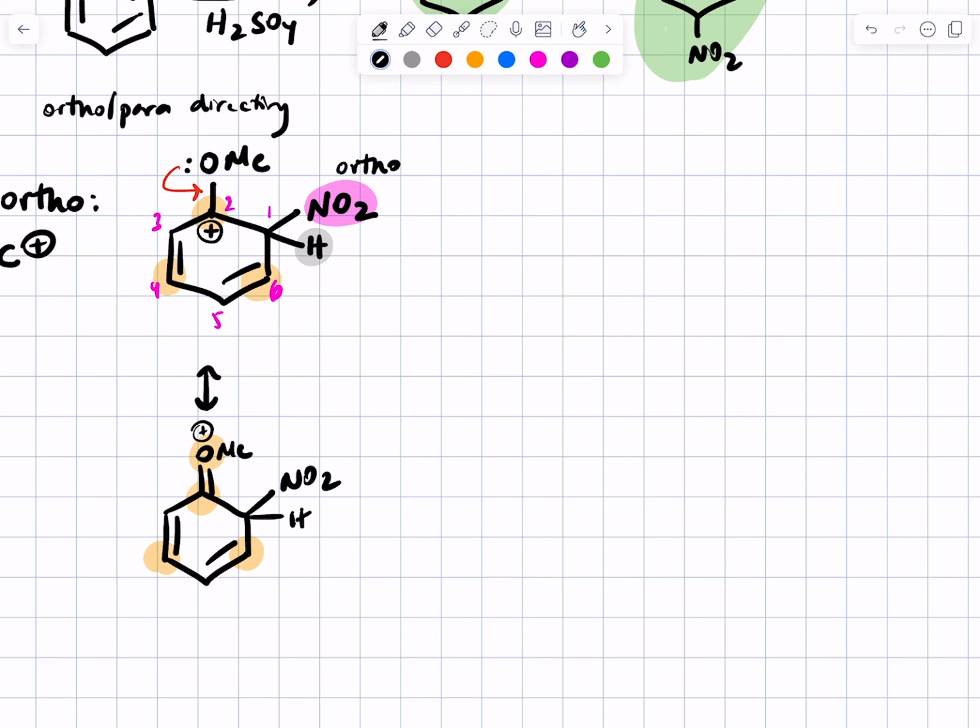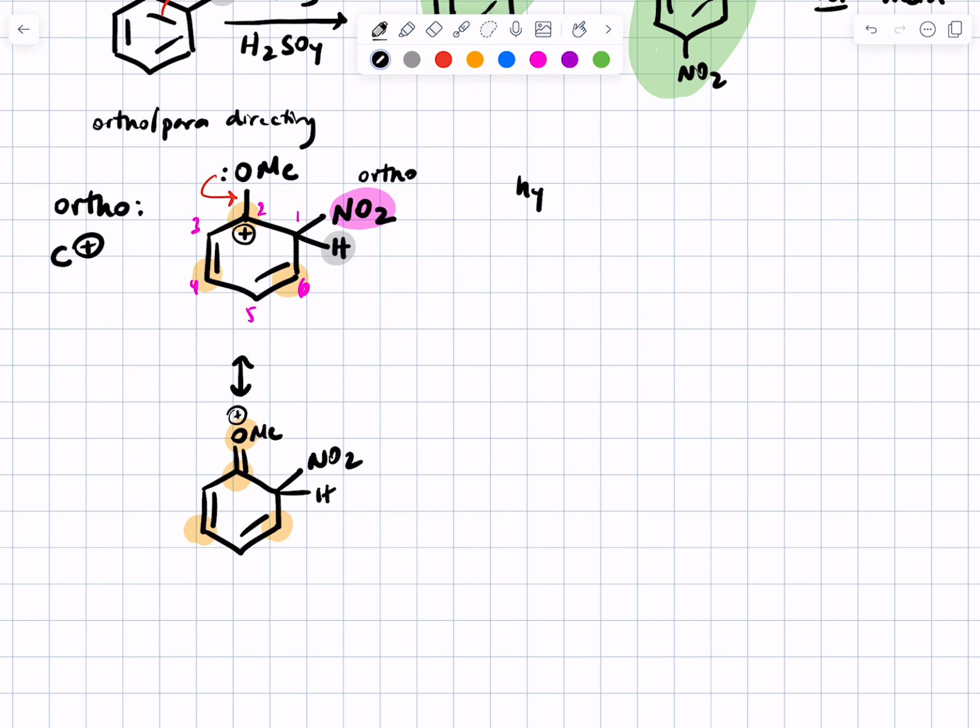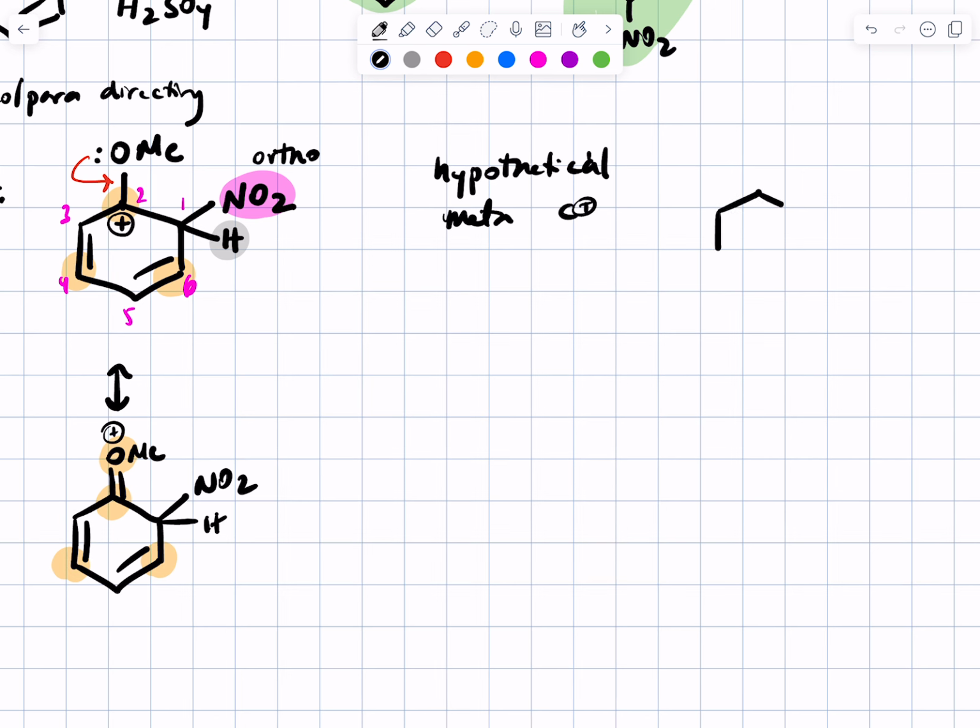Let's contrast that with what I'm going to write down as the hypothetical meta carbocation. Let's go ahead and put the nitro group at the meta position relative to the methoxy group. That would be like this. Let's see, yep, this one, and then the positive charge would be here.